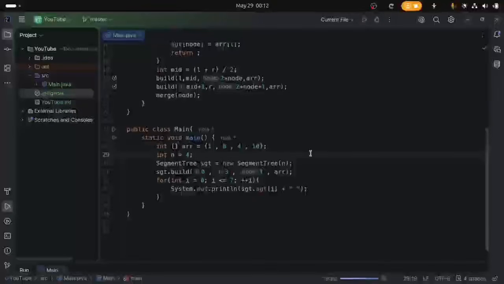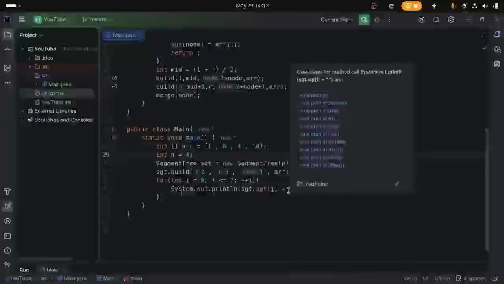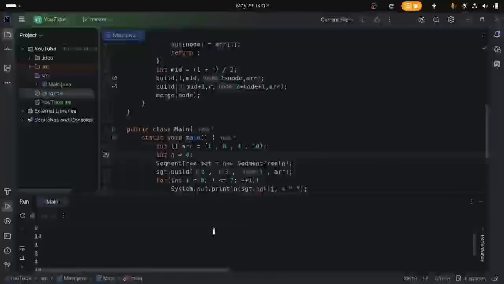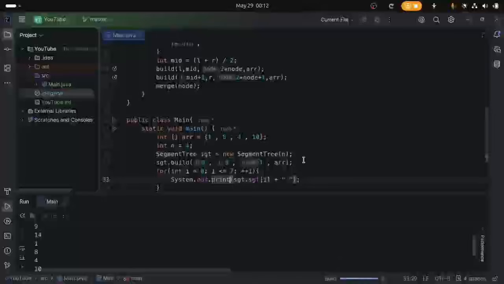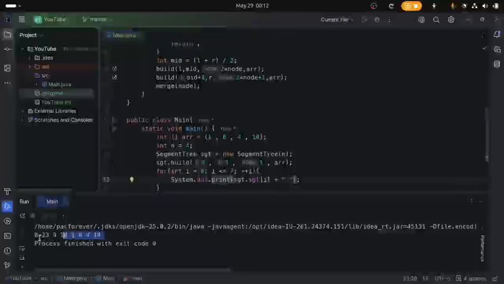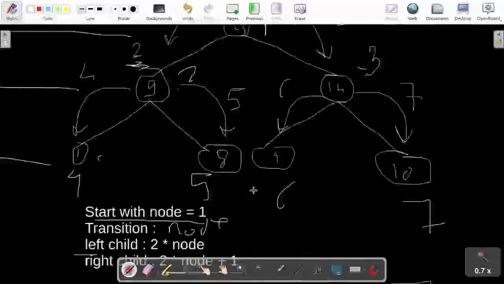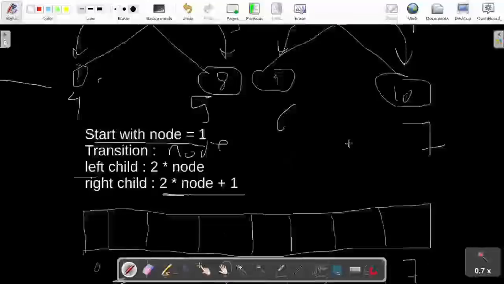Now let's run this code. Oh sorry, I used print ln. As you guys can see, we have the exact array which we built. Oh, wait, let me redo it. Redo is not available. Okay, no problem.